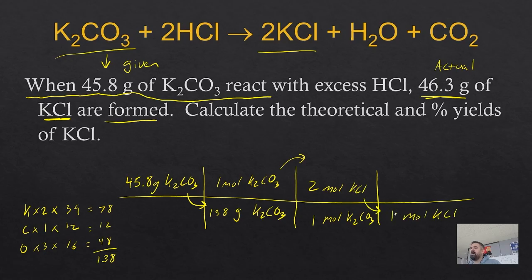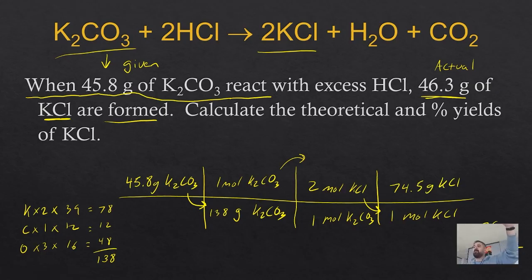Moles of KCl. Our last step is to figure out the molar mass of KCl. So potassium has a mass of 39. Chlorine has a mass of 35.5. What are these when you add them together? 74.5 grams of KCl. Hands up if you got all the work.